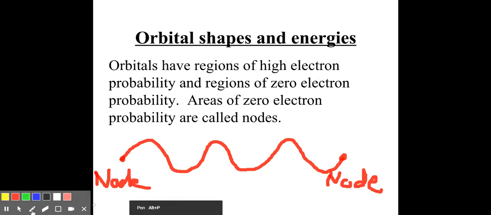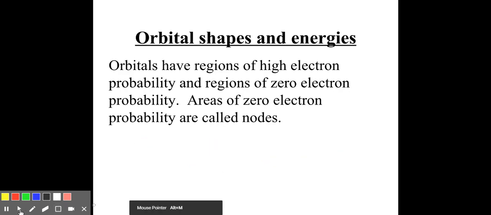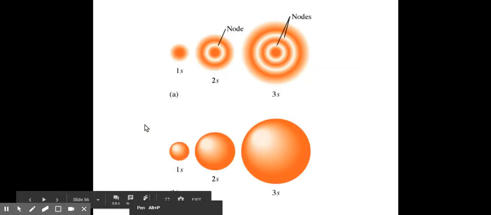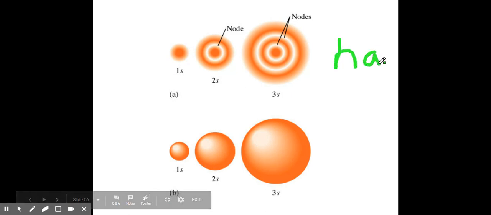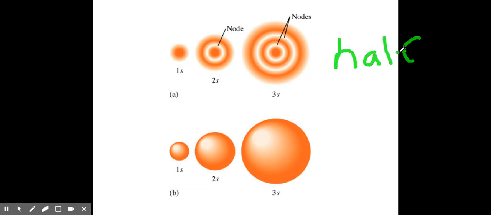Think of it like a string, because remember that these electrons are thought of as waves, particles and waves. The way we look at it in pictures is if this was half of a core, half of the electron shell cut in half, like cutting an apple in half, we would find that there would be nodes right here in the middle, these little bitty parts of zero probability.